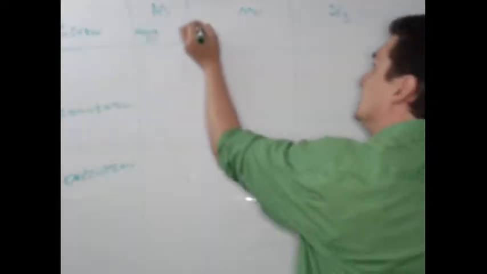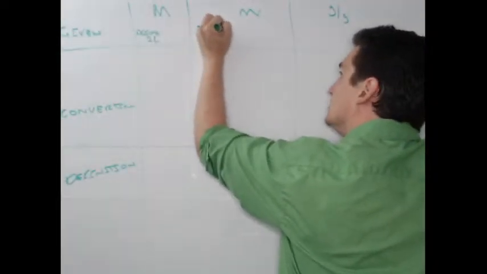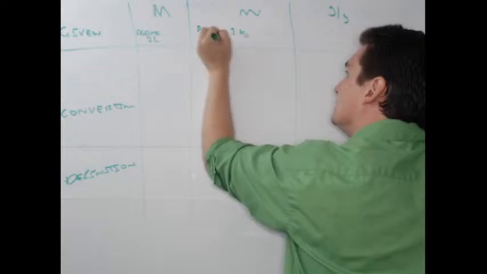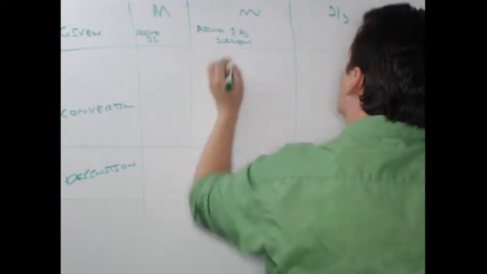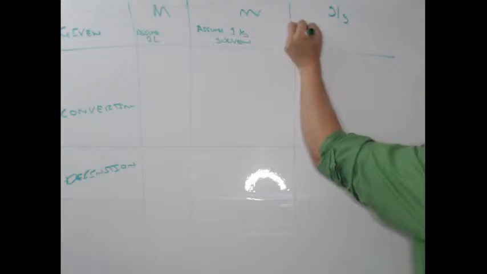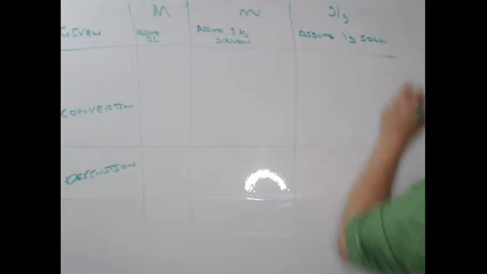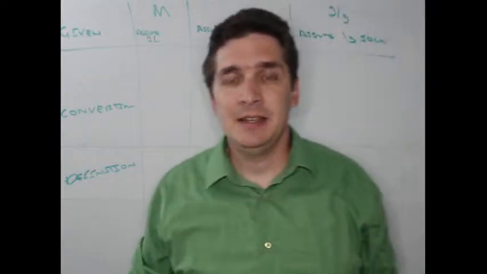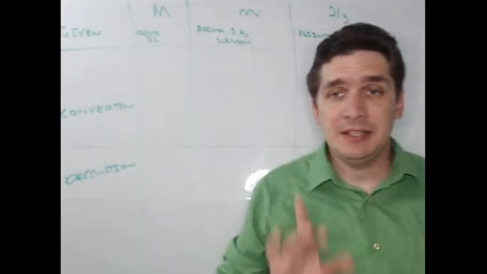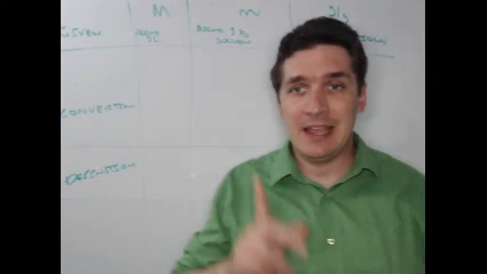For molality, we're going to assume 1 kilogram of solvent. And for weight fraction, we're going to assume 1 gram of solution. The reason we're making this assumption about 1 is that it makes life really easy.